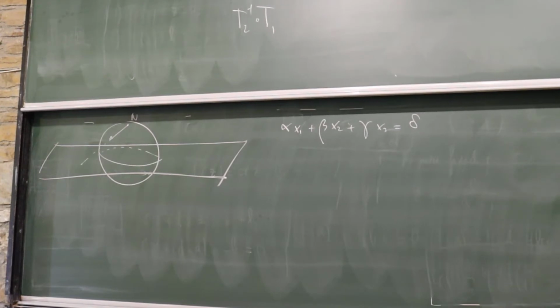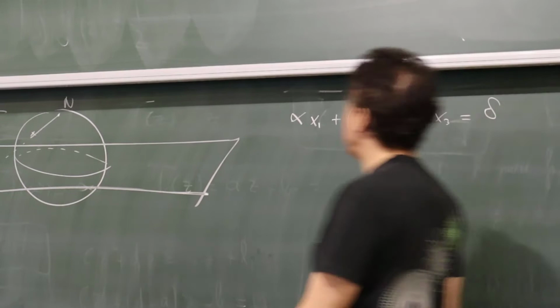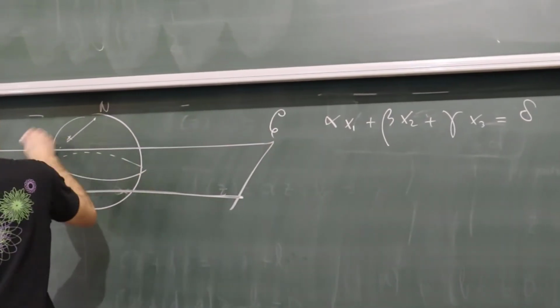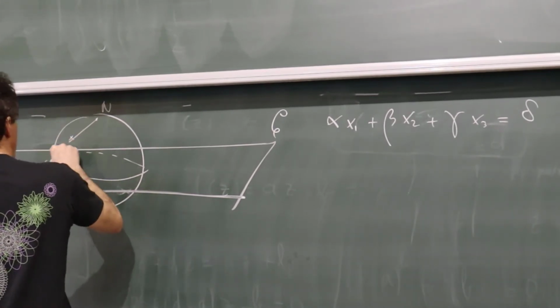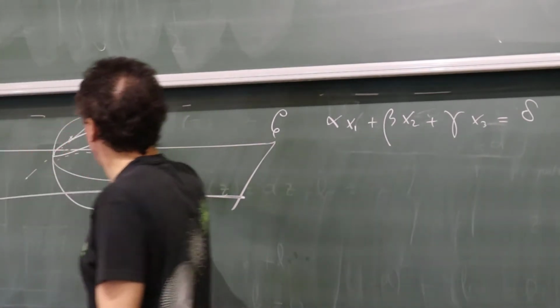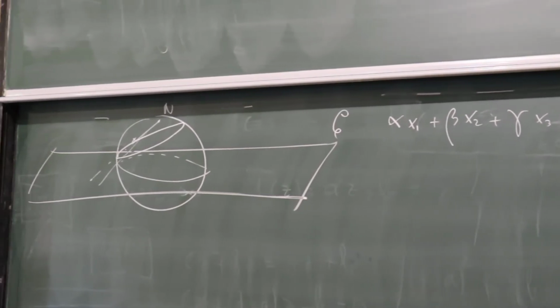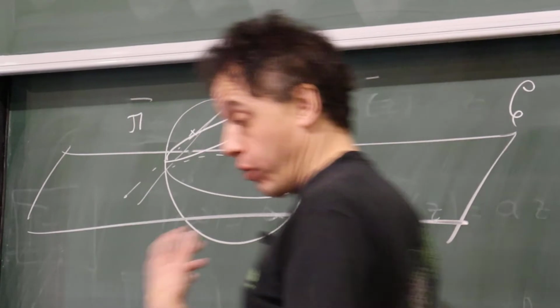Take a plane like this, and you are going to project this circle called C. This is a plane that cuts the sphere, for instance, in a circle here. And you want to project this circle into the plane. This is called pi, the stereographic projection.